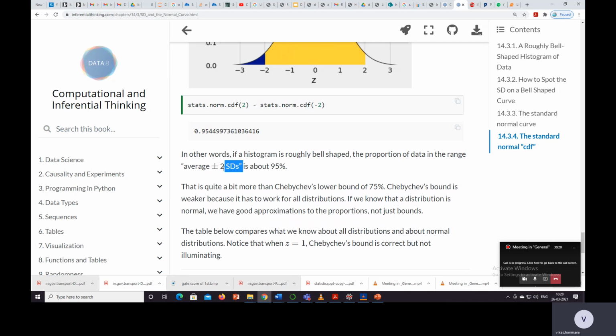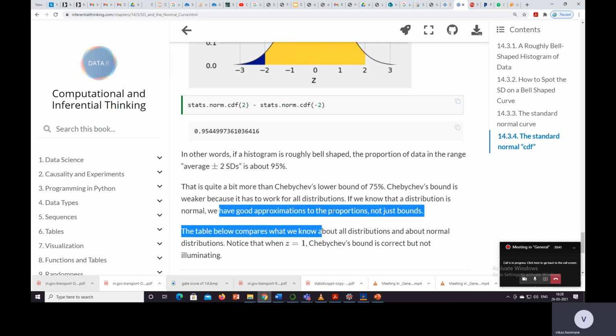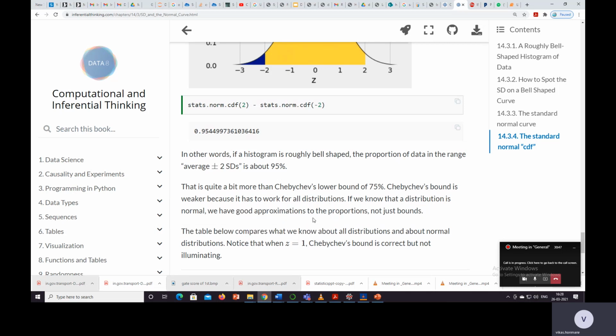For plus minus 2 SDs, Chebyshev's bound was 75%, and it is weaker because it has to work for all distributions. Here we are only considering the normal distribution, while Chebyshev's bound considers all types of distribution. So if we know that the distribution is normal, we have a good approximation to the proportion, not just bounds.